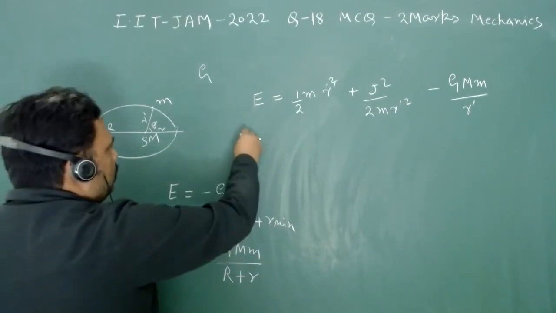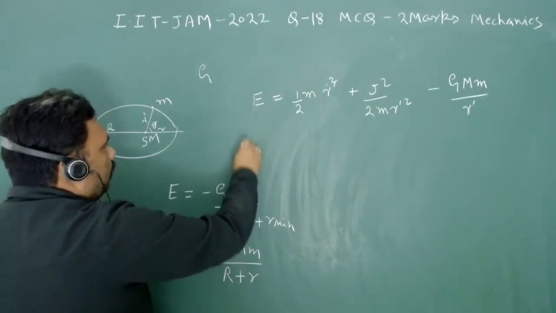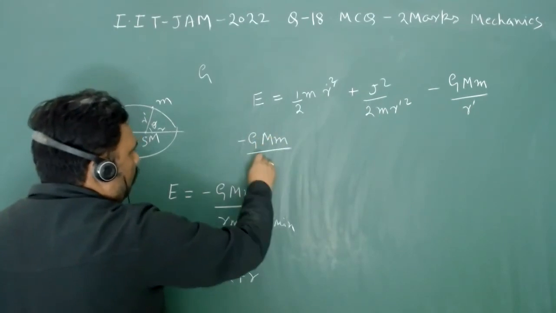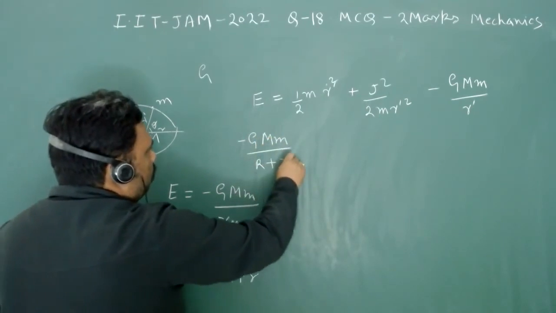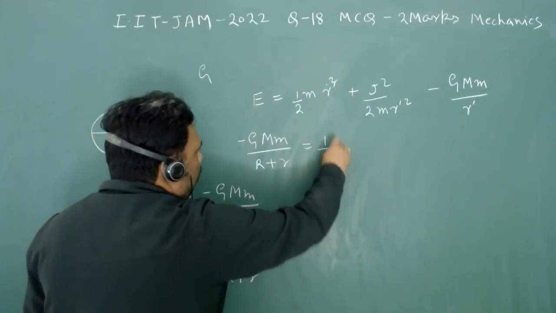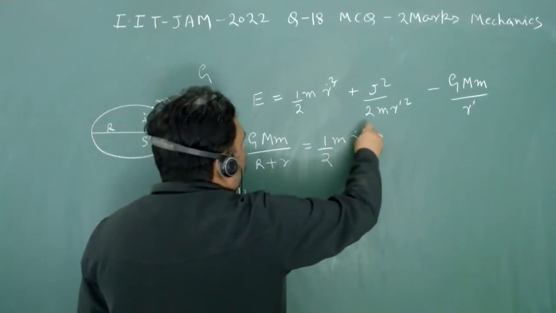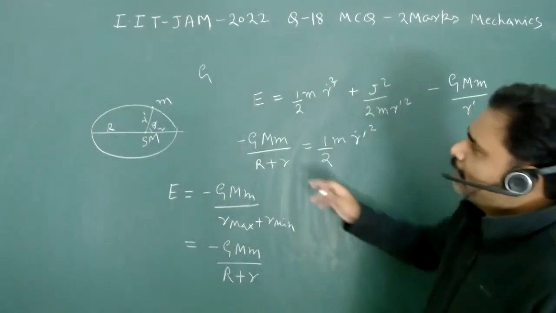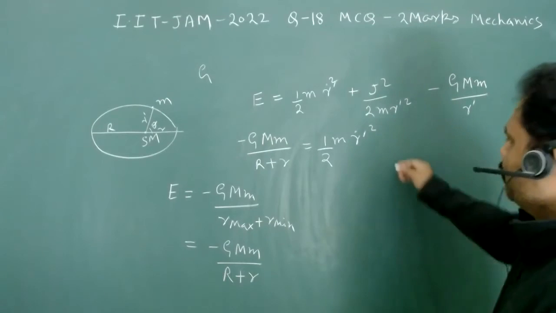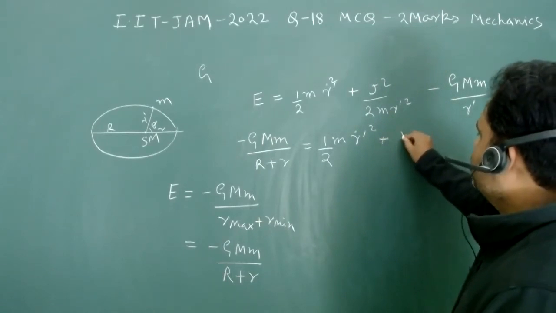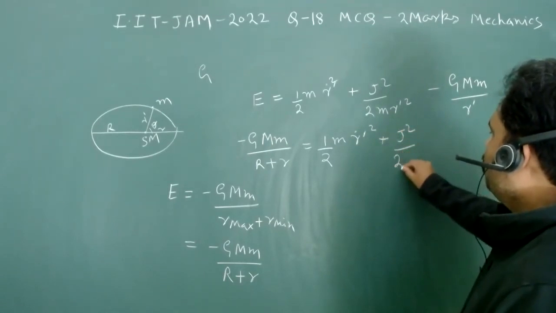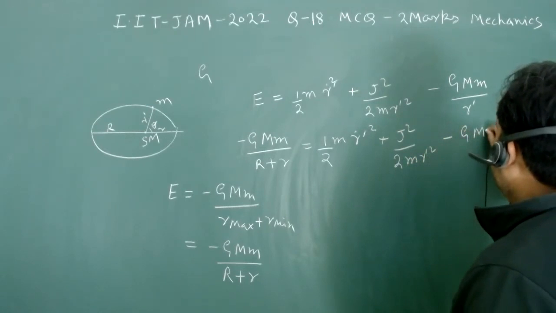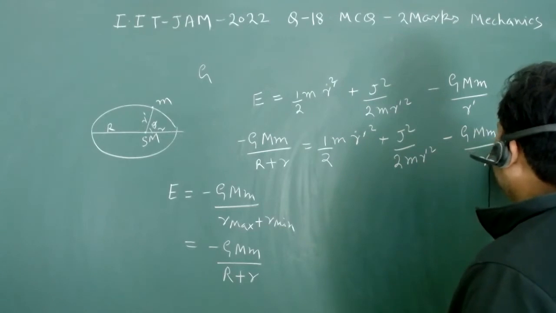This energy is constant. So we can write minus G M m upon R plus r is equal to half m r dash dot square, this is your variable, again I am saying that small r is my parameter, plus J square upon 2m r dash square minus G M m upon r dash.